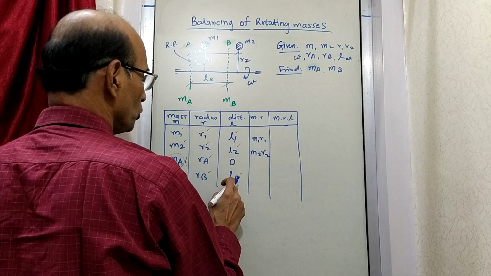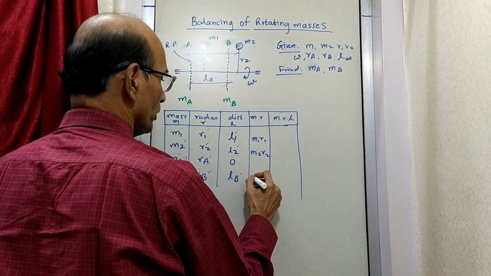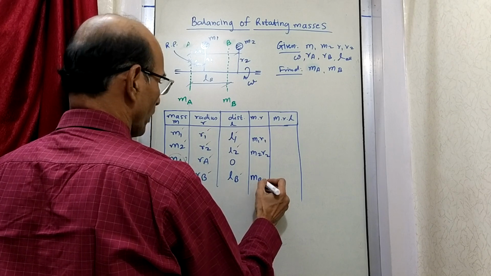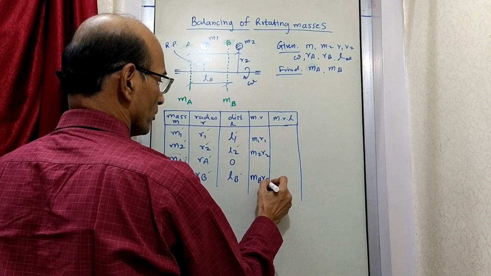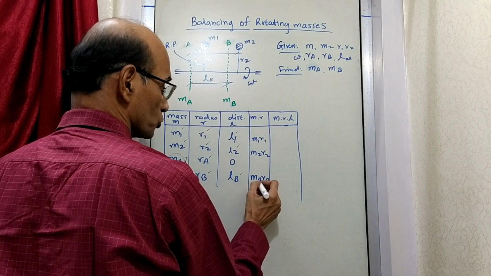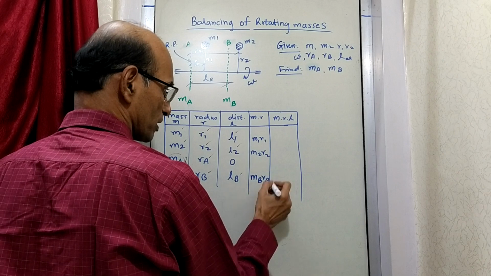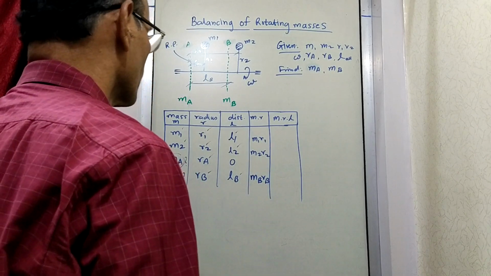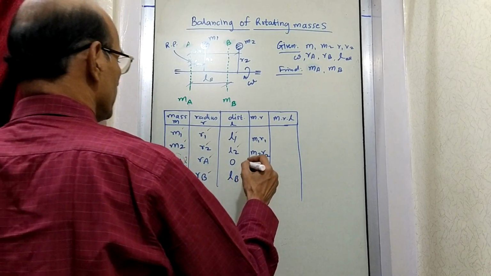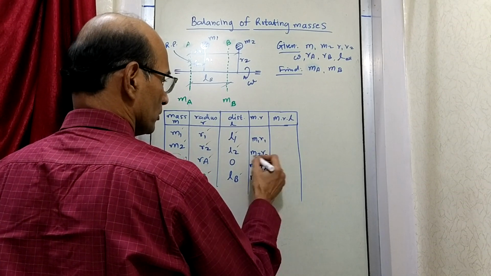Now MB into RB, you will not be finding this. This is a number, but this is not a number. It's unknown, so it will be some number into MB. So this is basically an unknown quantity. And this is MA RA. So this also is unknown.